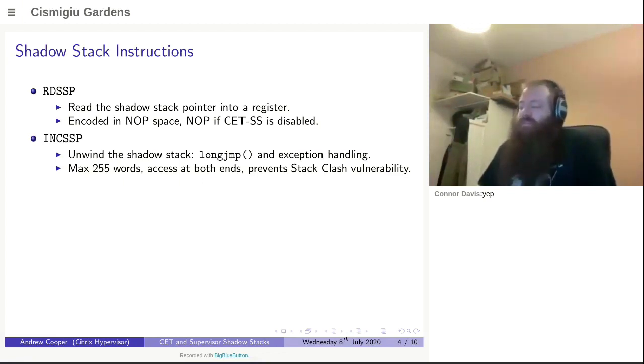Now it takes a value between 0 and 255 in it, which ultimately gives you a stride of 1K or 2K. The reason for this is actually to combat stack clash vulnerability. The processor will perform a stack access both at the current position and the destination position to prevent you being able to underflow your shadow stack by incrementing off the top of it.